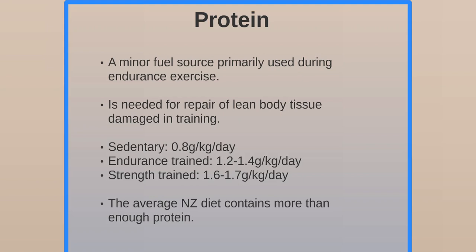And we need to understand that the average New Zealand diet contains more than enough protein already. So when we're analysing diets, this is typically not one thing we're going to have to increase in people's diets. It may be a case of actually cutting back a bit so we make sure they're getting the energy requirements they need to maximise their training sessions.